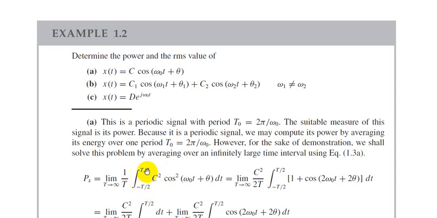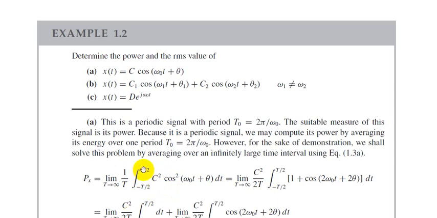This demonstrates that the period is T, because if you subtract minus T by 2 from plus T by 2, that is T by 2 minus minus T by 2, you will get T. So this is the duration of the period.